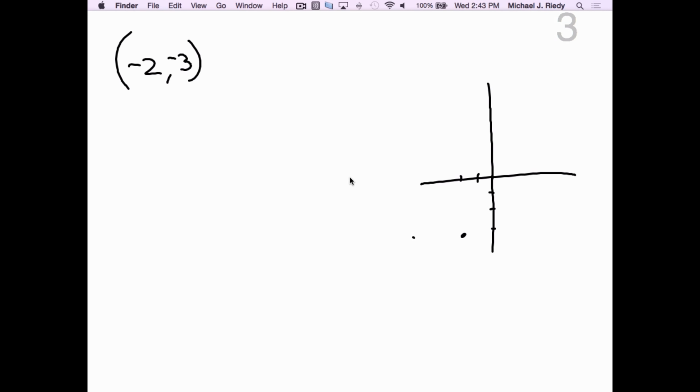What's the equation of that horizontal line? First of all, what's the equation of all horizontal lines? Nope, that's a point, not an equation. Y equals hashtag.